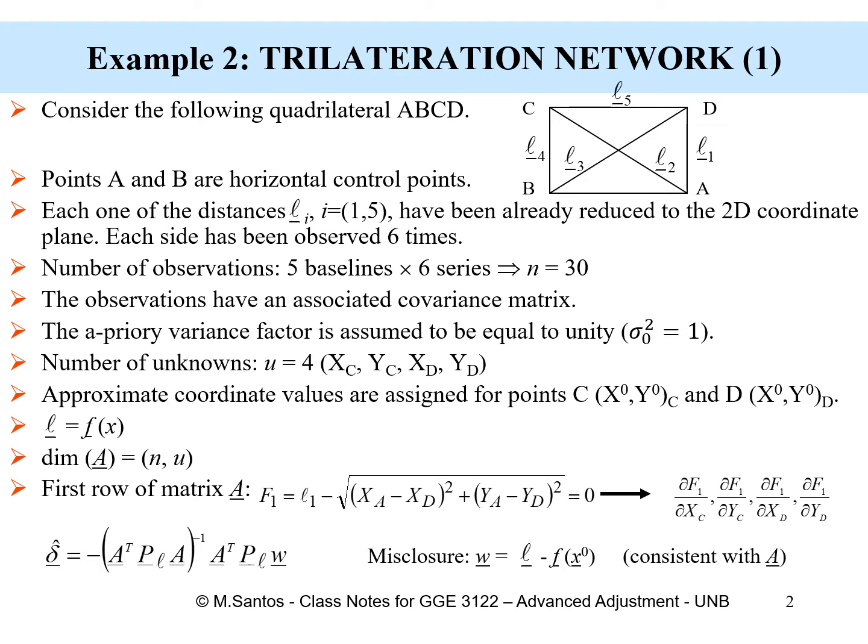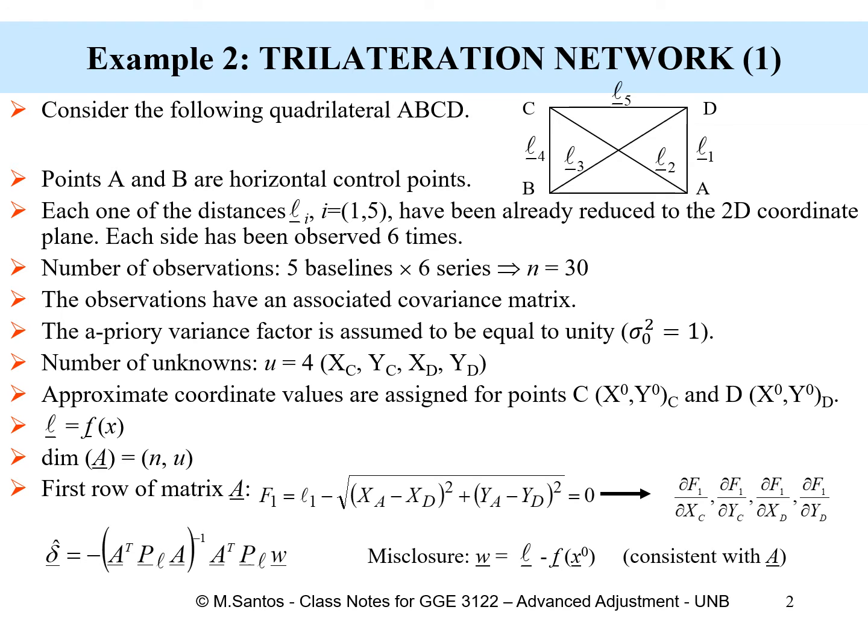Points A and B have known coordinates, and we have measured 5 distances, and each distance, L1 to L5, was measured 6 times. So we have 30 observations, n equals 30.